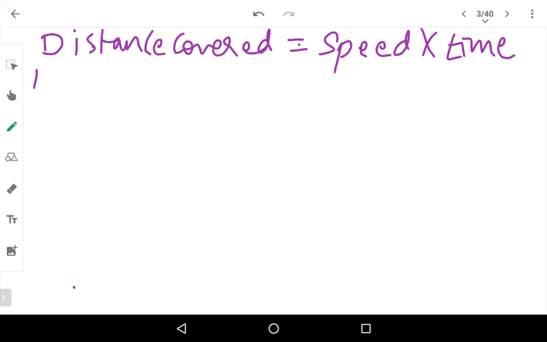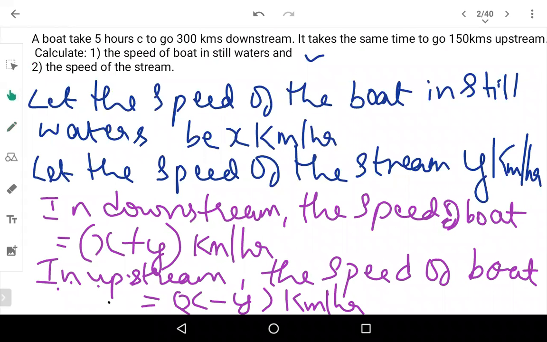So for downstream, let's go back. What is the speed in the downstream? In downstream, the speed of the boat is x plus y. Correct? Now, when this is the speed, the time taken is 5 hours.